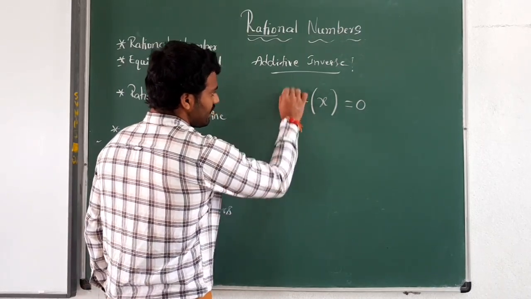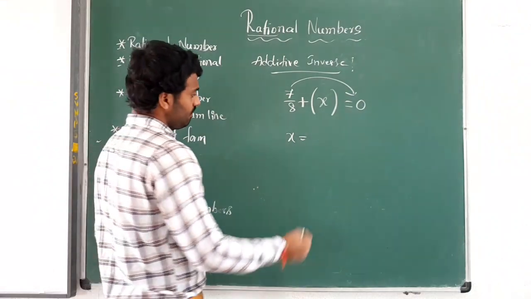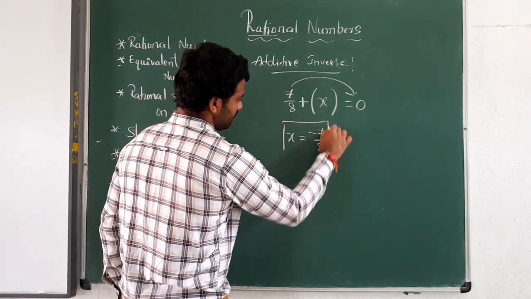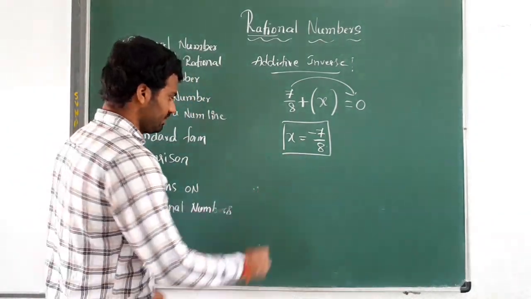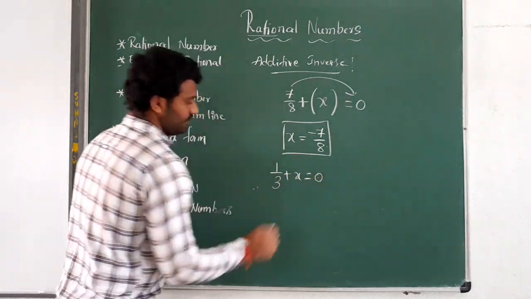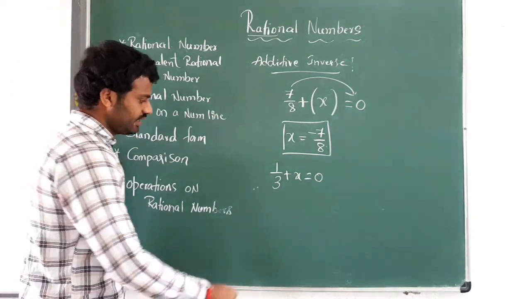Just try to find out the x value, then you will get the additive inverse. So x transposes to the right hand side, and plus 7 by 8 becomes minus 7 by 8. This is the additive inverse. One more example, 1 by 3. I don't know the additive inverse, that's why I have taken x. Find out the x value.